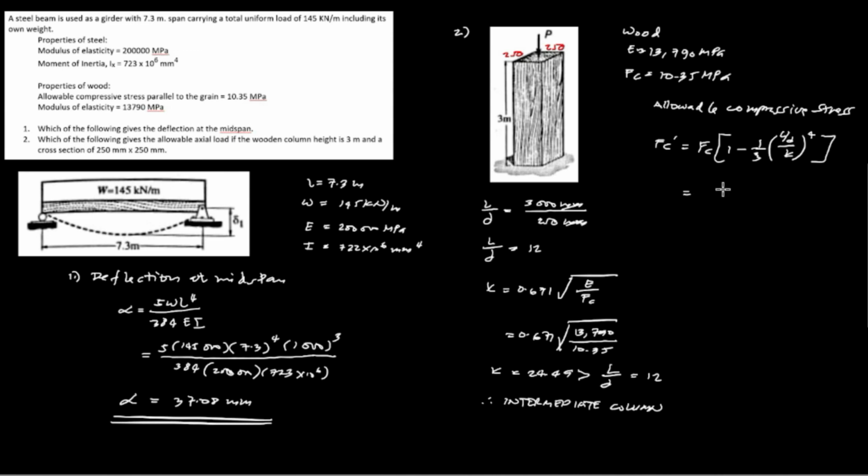F sub C, that's 10.35, 1 minus 1/3, and L over D is equal to 12, while K is 24.49, and open close parenthesis exponent 4 and close parenthesis.